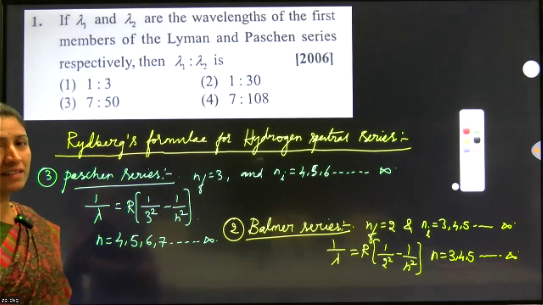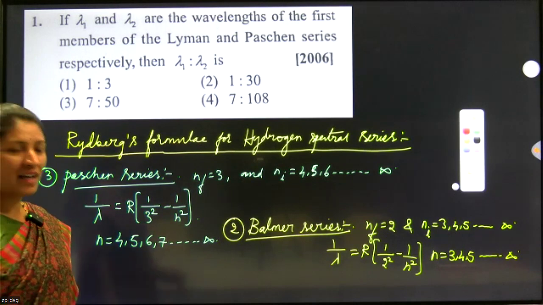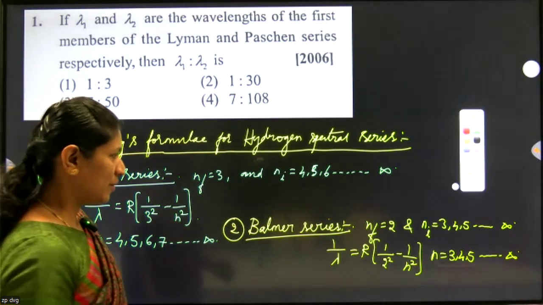Next, we can discuss the de Broglie wavelength of an electron in its nth orbit.